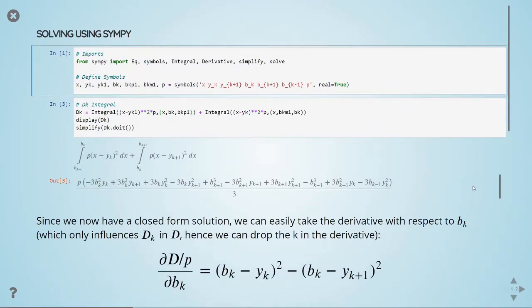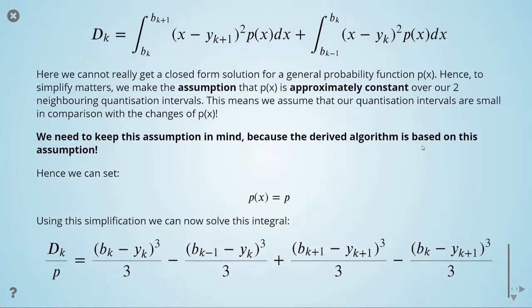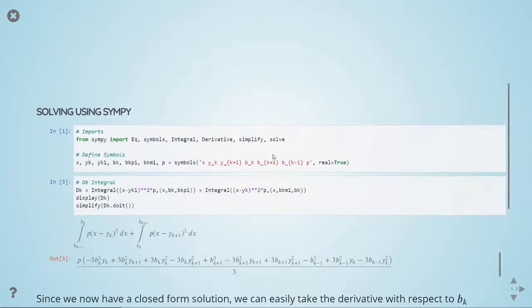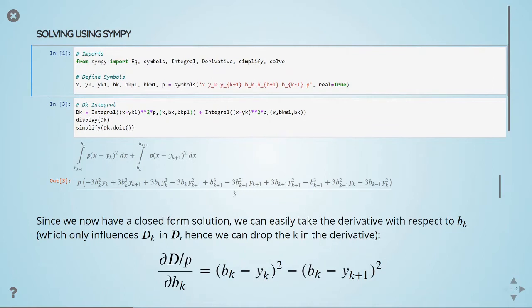So what we'll do is to solve this using SymPy. So it's exactly this. So we just go from here to here using SymPy. So I'm importing from SymPy equation symbols, integral, derivative, simplify, solve. I'm defining the symbols x, y of k, y of k1, p of k here.